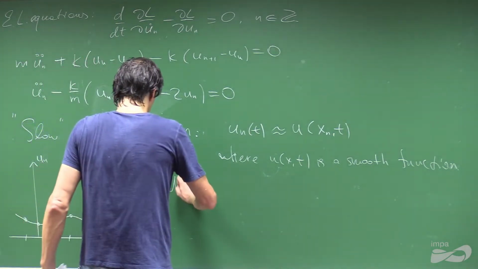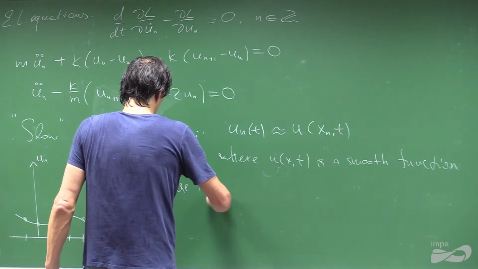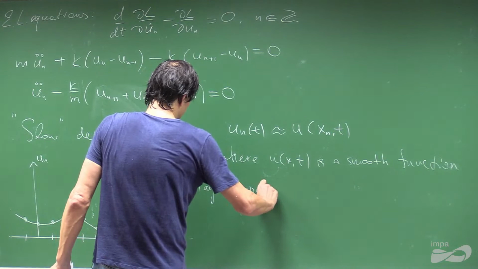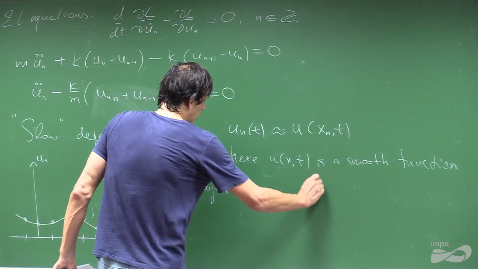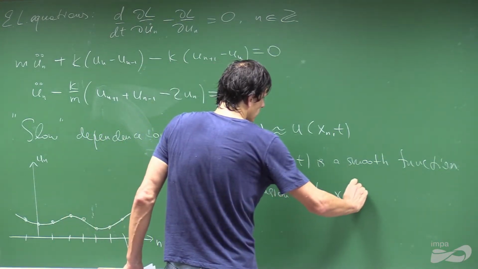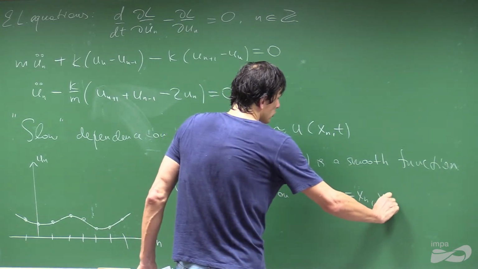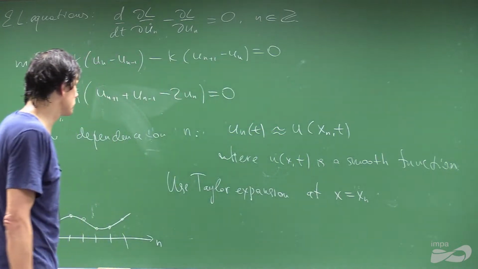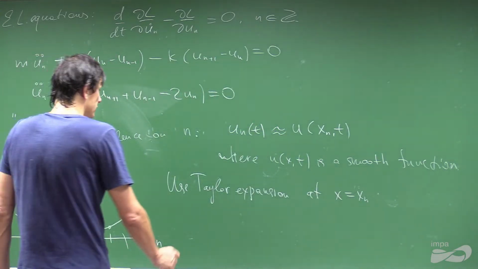So use Taylor expansion at x equal xn. So if we use Taylor expansion at x equal xn, what do we have?